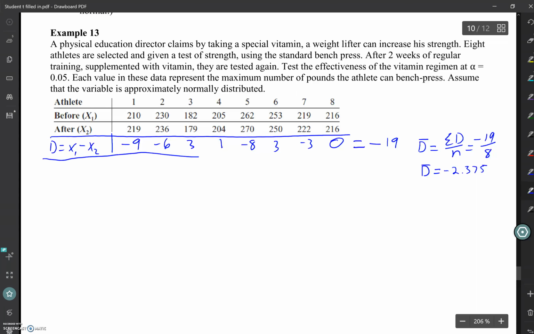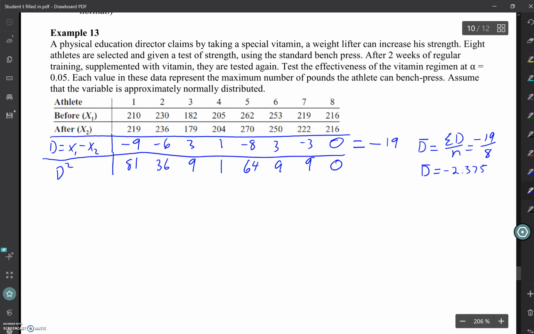Then I need the standard deviation, so I'm going to find the d squared, which is all the numbers above just squared. So 9 squared is 81, 6 squared is 36, 3 squared is 9, 1 squared is 1, 8 squared is 64, then I have 9, 9, and 0.